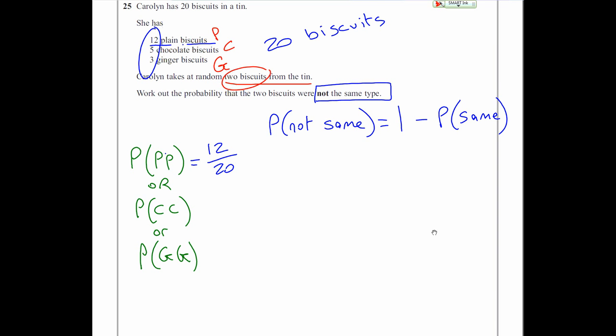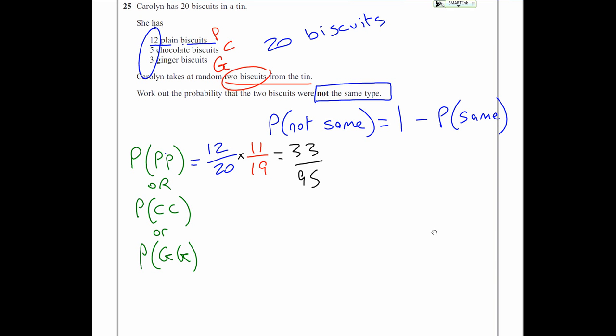So there's only 19 biscuits left, and if you've just taken out a plain one, there's only 11 plain ones to pick. If you do that on your calculator, 12 over 20 times 11 over 19, you'll get a fraction, 33 over 95.